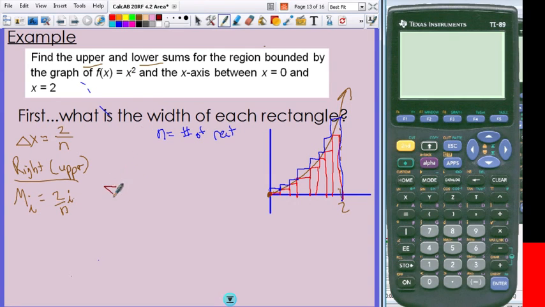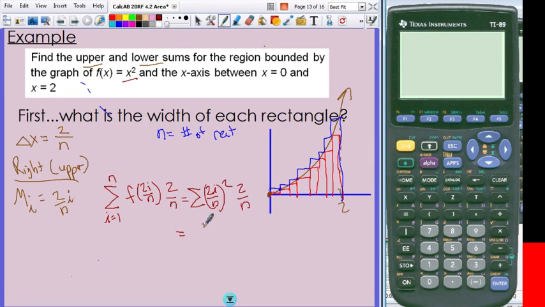Sweet. So now let's use the summation notation. It's going to be the sum from i equals 1 to n, because we don't know, of the function f of 2i over n times the width. This is the height. The width is going to be 2 over n. So let's figure this out. f of 2i over n, well, f is x squared, so that's going to equal the sum of 2i over n squared times 2 over n.